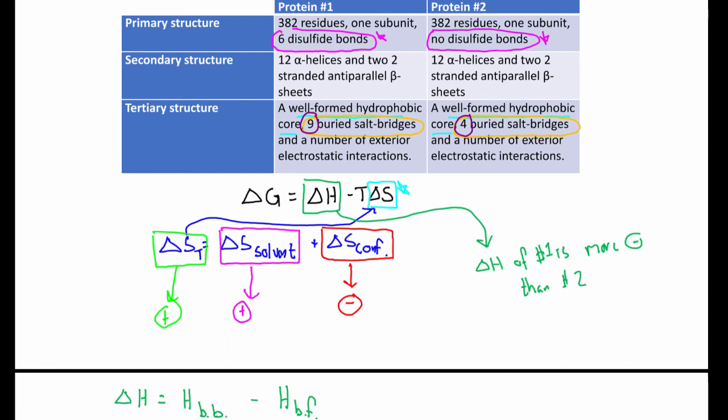Because of that, we can say that the delta G of folding for protein number 1 is going to be more negative, because it has a more negative delta H value. That's going to contribute to a more negative delta G value, and that's going to make protein number 1 more stable, and that makes its TM larger. Okay, so which protein has a larger TM? Protein number 1 does.